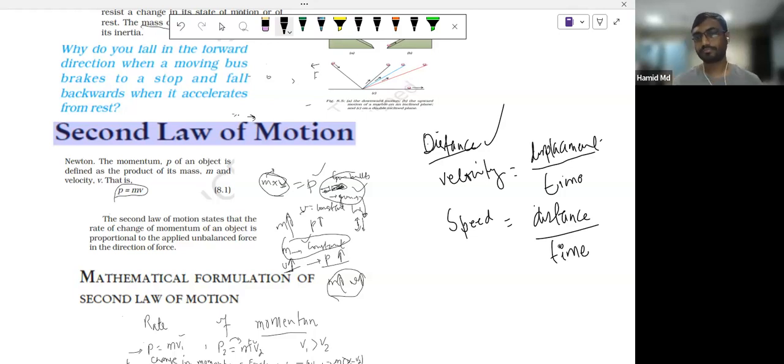Okay. So basically, what is the difference between speed and velocity?